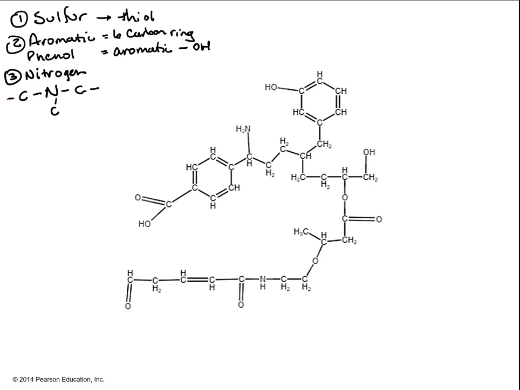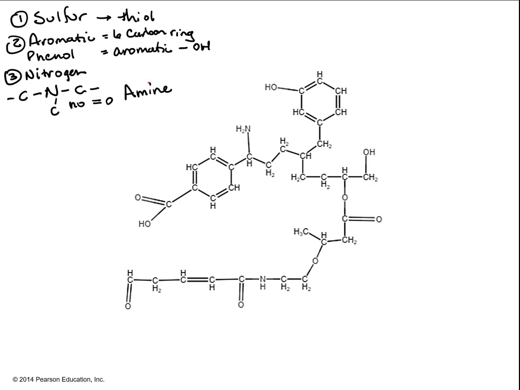The nitrogen could have 1 carbon connected, 2 carbons connected, or possibly 3, because remember nitrogen makes 3 covalent bonds. But if any carbon connected to the nitrogen has no double bond oxygen, then I know it's an amine.